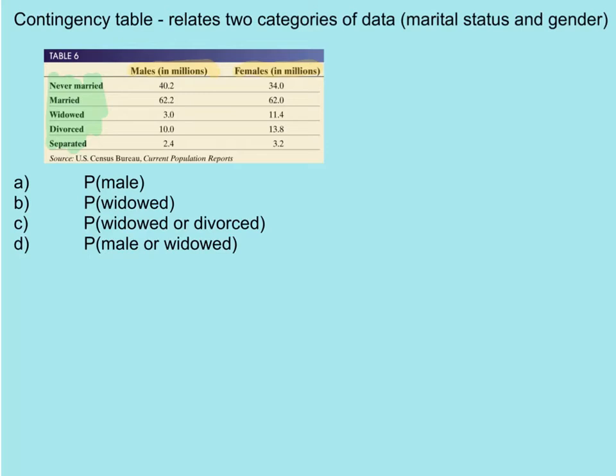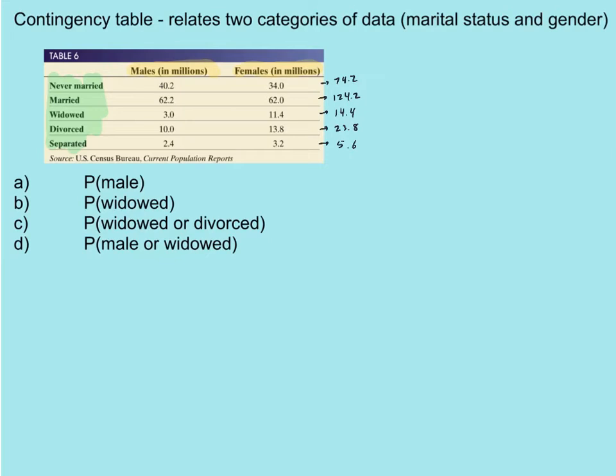One thing that would be helpful is if we found some totals here. So 40.2 plus 34. So we can make some totals going across because they might come up as you go through this problem. If I add those 2 numbers, I get 74.2. If I add these 2 numbers, I get 124.2. Add these 2 numbers, I get 14.4. Add these 2, I get 23.8. And these 2 should give me 345.6.